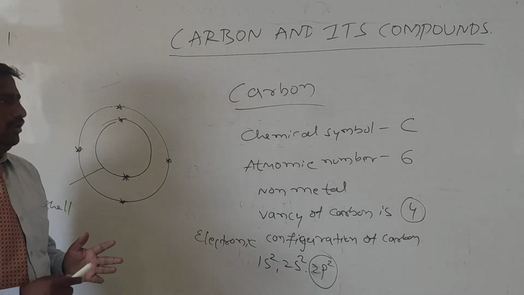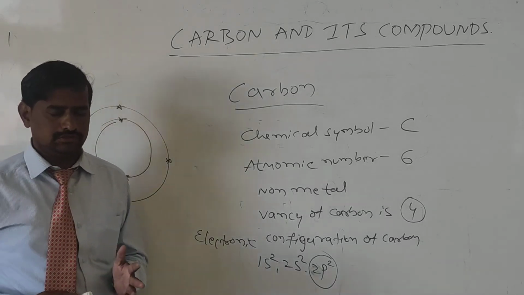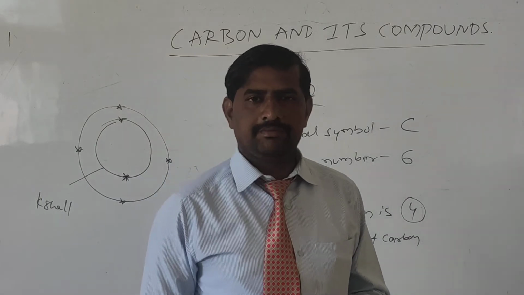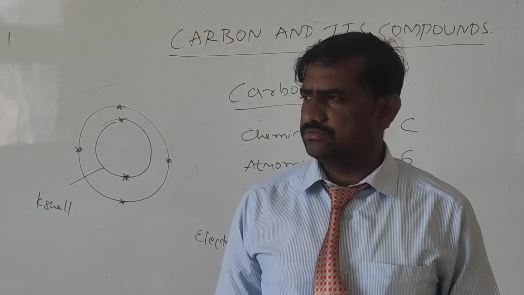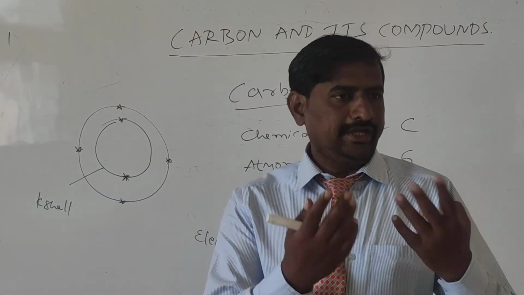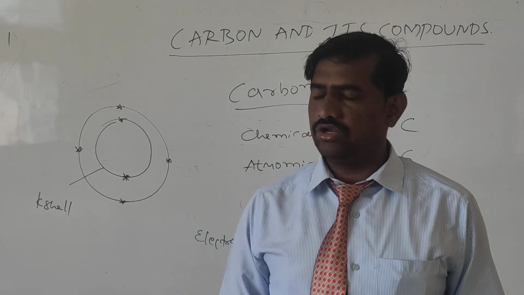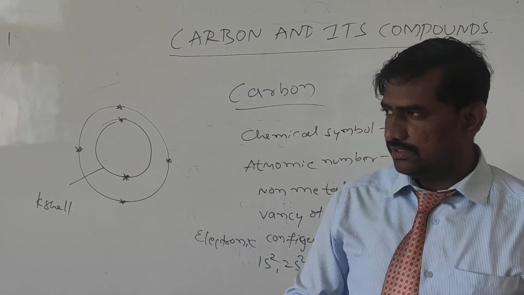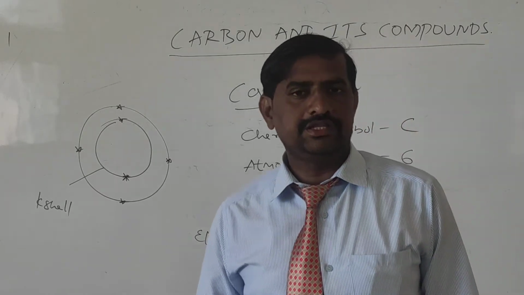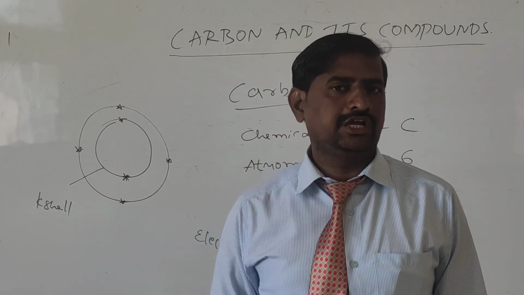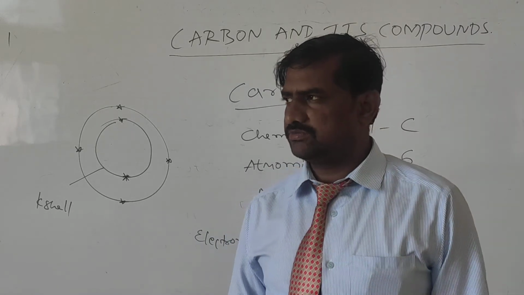Okay, so for carbon to gain or to lose 4 electrons is not easy. That's why carbon, instead of transferring the electrons, will share the electrons. The sharing of electrons takes place here.